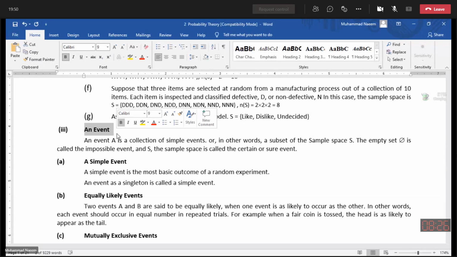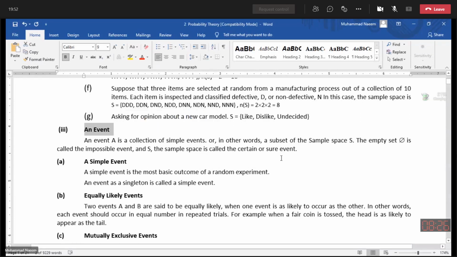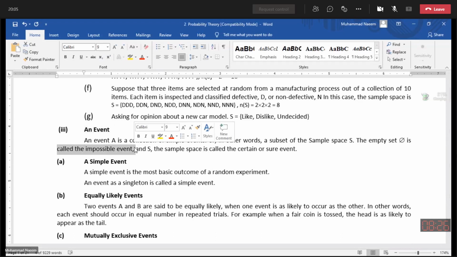All these are events. The empty set as an event is called an impossible event, because nothing is in favor of this event. There is no element in favor of this event. So this is called an impossible event.